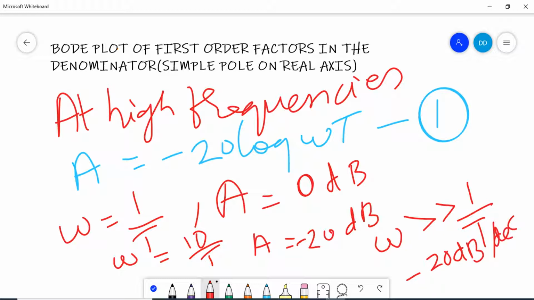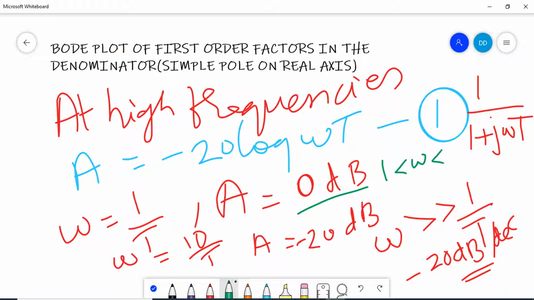So if we have a simple pole on the real axis, the factor 1 by 1 plus j omega T which we had considered can be approximated by two straight lines. One is a 0 dB line for the frequency range omega from 0 to 1 by T, whereas the other is a straight line with the slope minus 20 dB per decade for the frequency range omega greater than 1 by T but less than infinity.